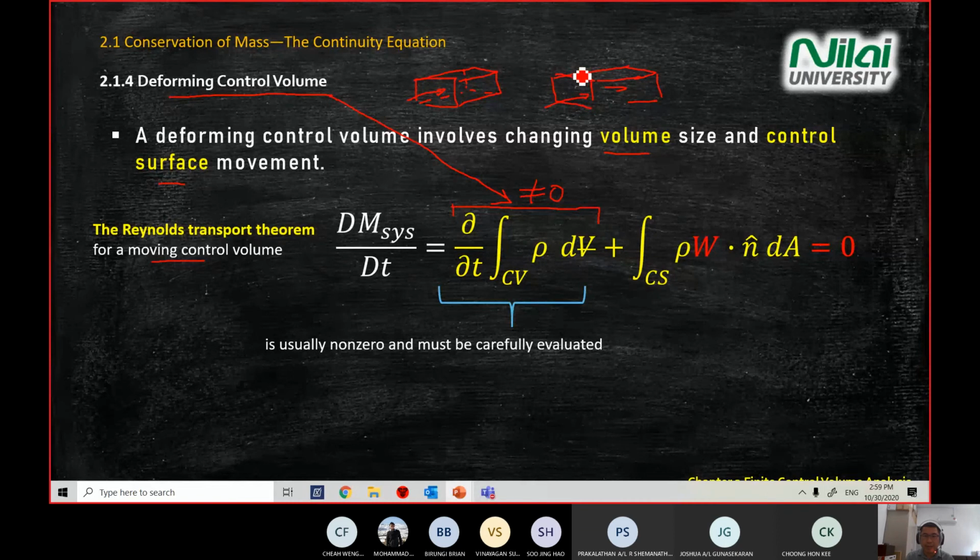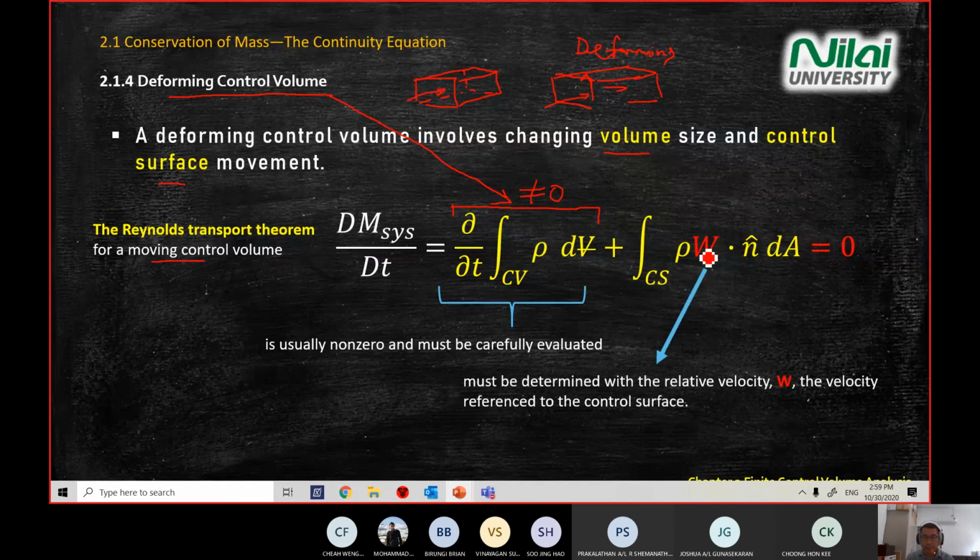So your volume becomes bigger compared to the previous one. This is the deforming case. So in the deforming case, the first term of your Reynolds transport theorem cannot become 0. Just be careful on this one.